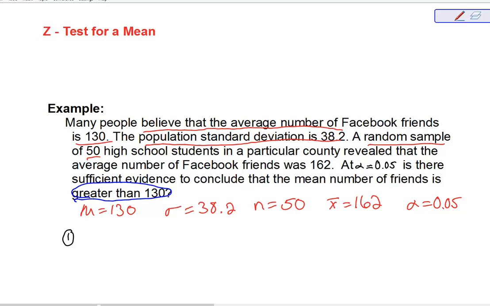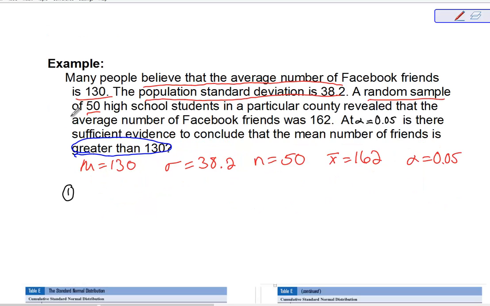Recall that our null hypothesis is always mu equals, and our alternative hypothesis is always mu, and then depending upon what our problem is, it could be a greater than, less than, or a not equal to. One key thing is whatever we put for mu in the null hypothesis, that's the number that's going to go in the same place in the alternative hypothesis.